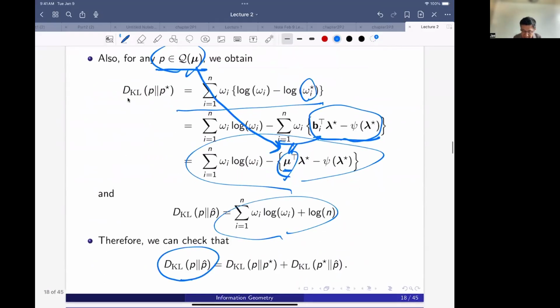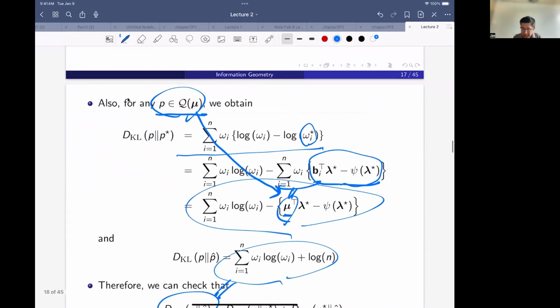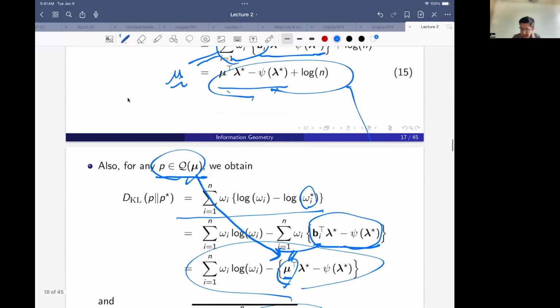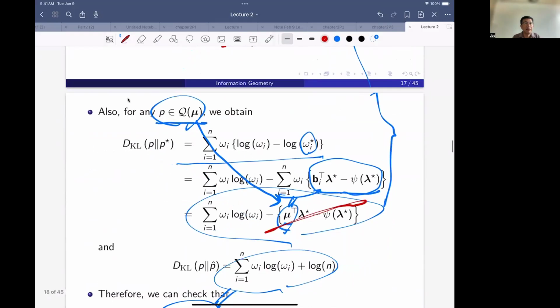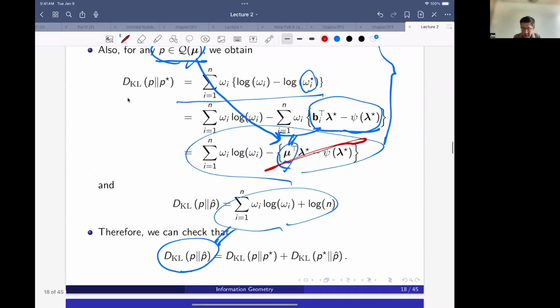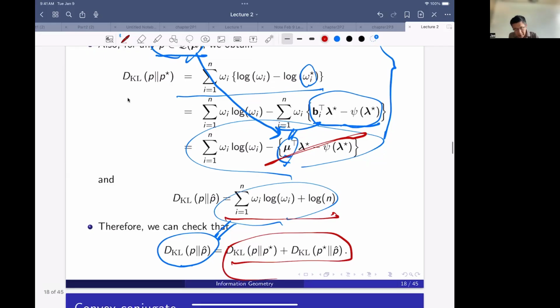Okay, this guy, I see. This guy is equal to this guy. And so if you add these two, there's a cancellation. Okay, cancellation, and then the only thing left is this one. So that shows that it indeed satisfies the Pythagorean theorem.